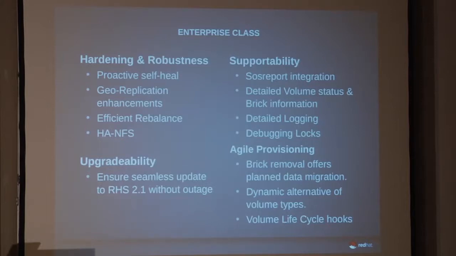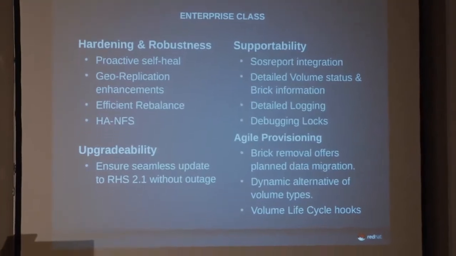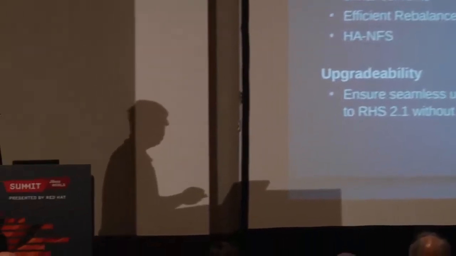In the past, we required the files or objects to be accessed before self-healing could be done. We've now brought in an improvement for doing this process of self-healing proactively. As soon as the server comes back online, the proactive self-heal kicks in and synchronizes files between the replica sets. We've done some geo-replication enhancements that I alluded to in the previous slide.